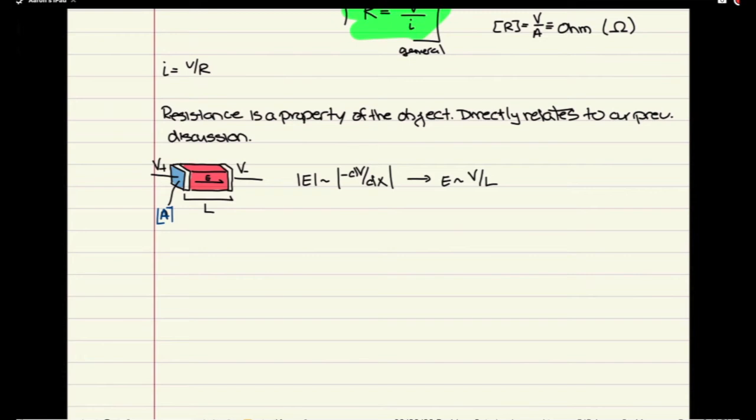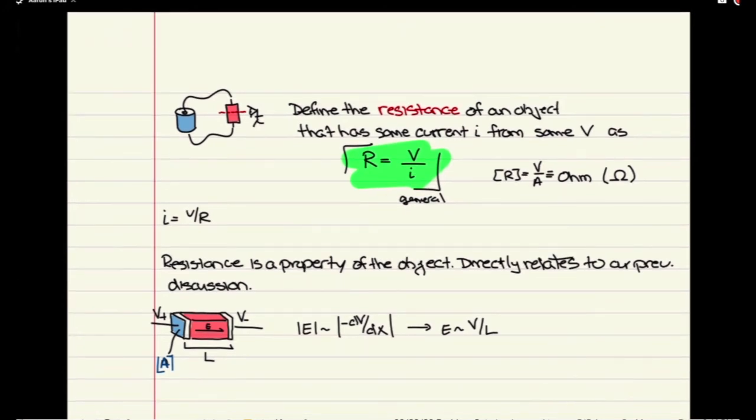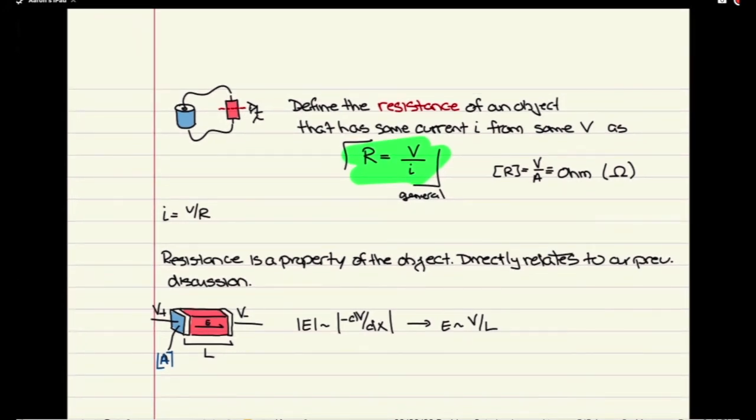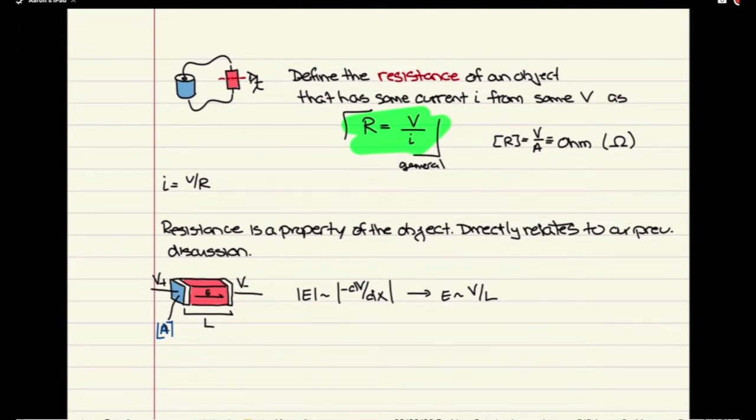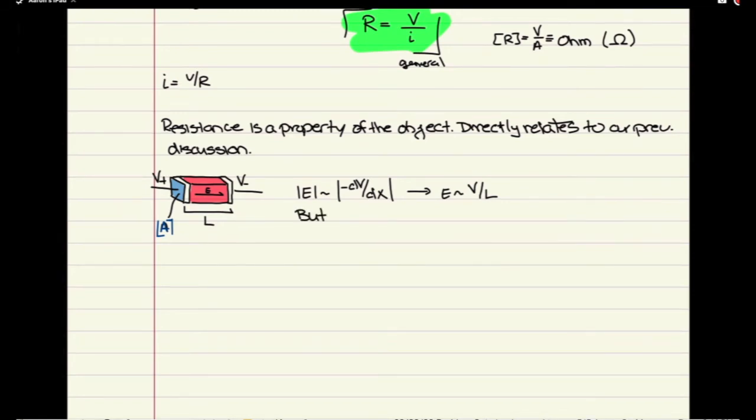If this resistor were connected to a battery, like the image I drew up here, that potential difference might be the same potential difference that is set up by the battery. But E relates to J, the current density inside this resistor.